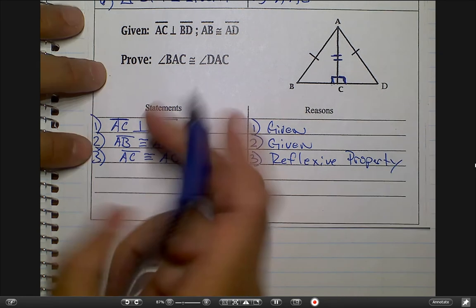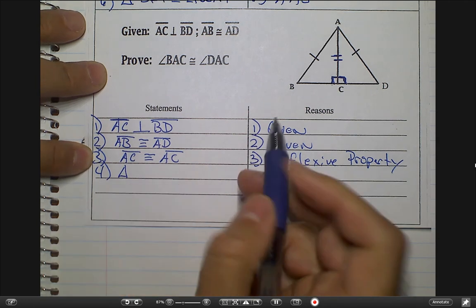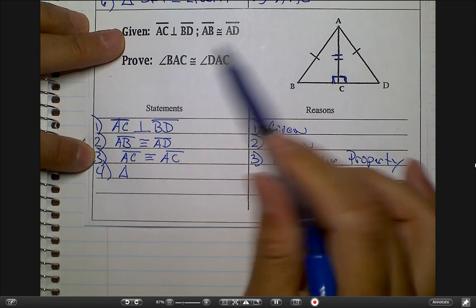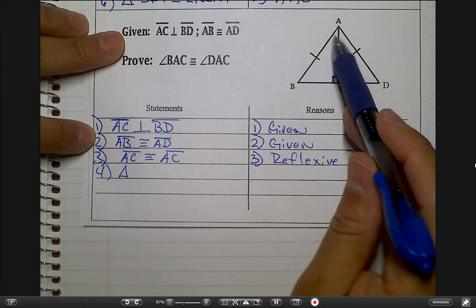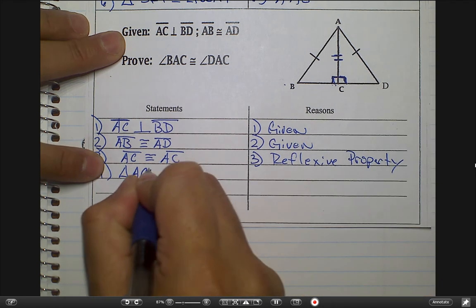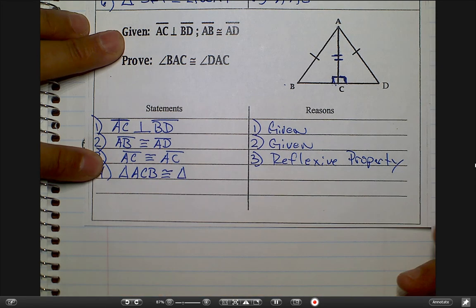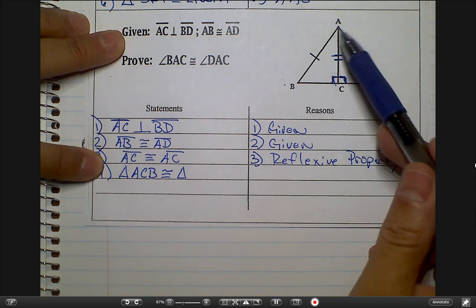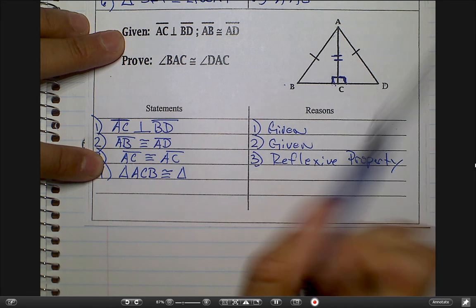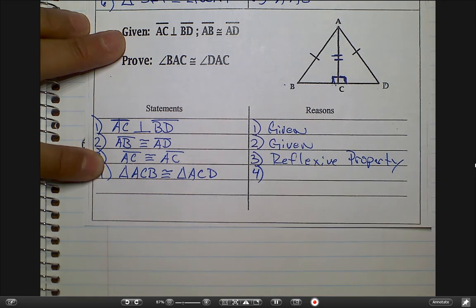So I could state for that triangle, triangle ACB is going to be congruent to triangle ACD, and what is the reason?